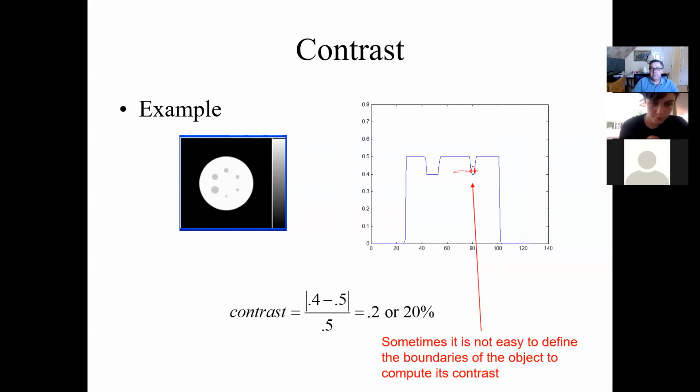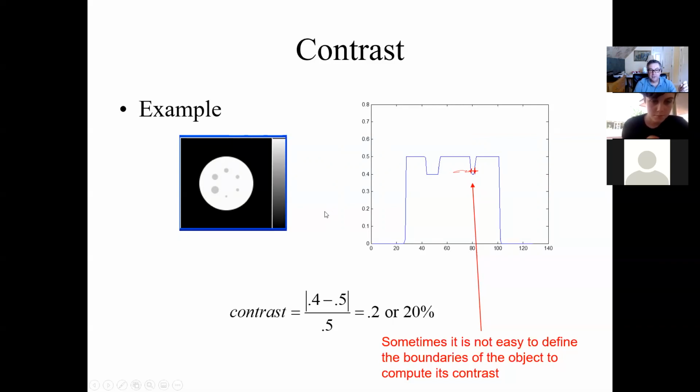And the average of those is going to come out to some contrast less than this, right? So blurring and object size can affect contrast. These things are not independent of each other, I guess is part of my point. So spatial resolution has some impact on the apparent contrast of an object.